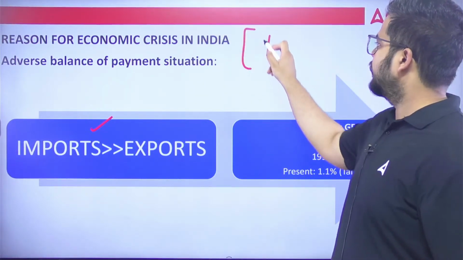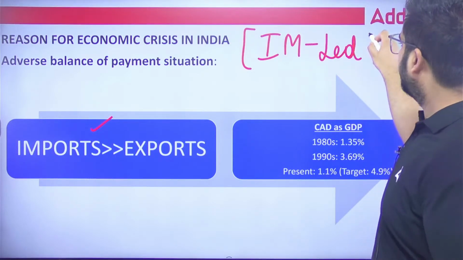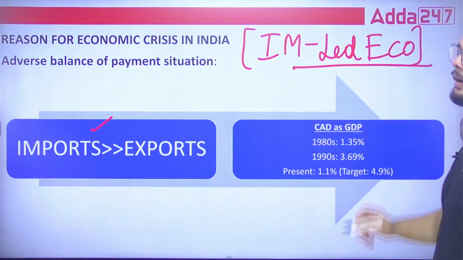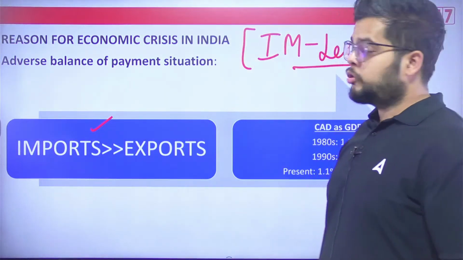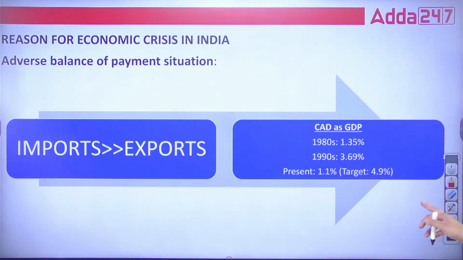Right now, we are an import-led economy. And what is our aim? To become an export-led economy. Fine. We want to export more. So in the 90s, the deficit which occurred due to this situation of balance of payment crisis was 3.69. Target is 4.9%.